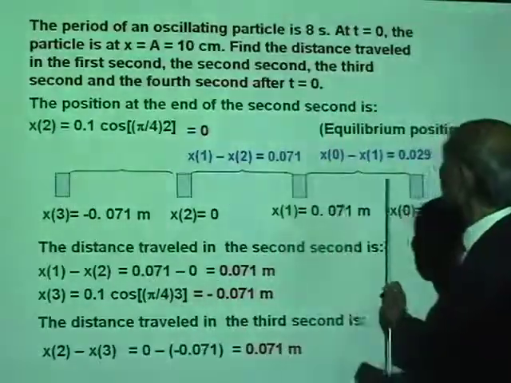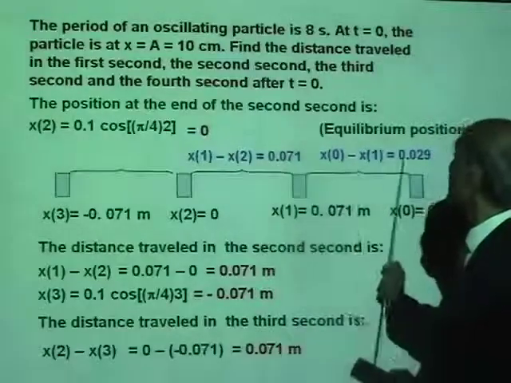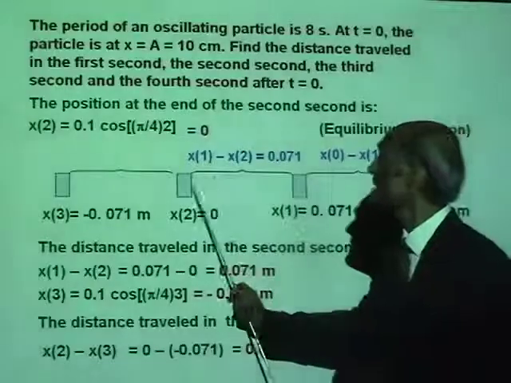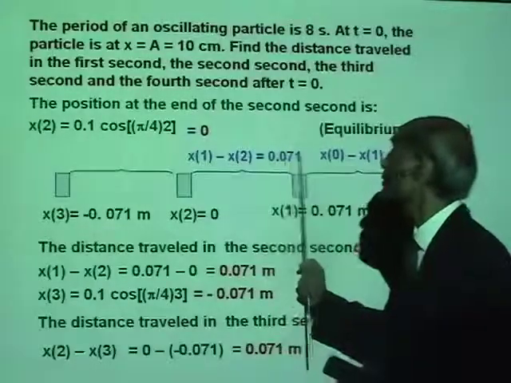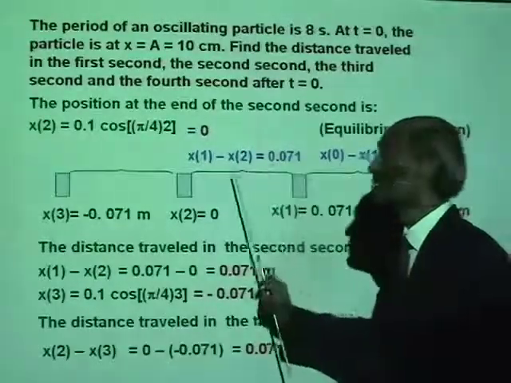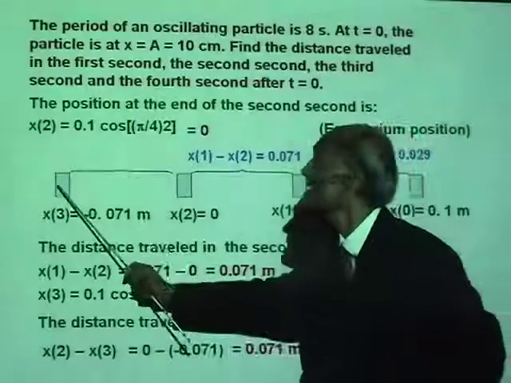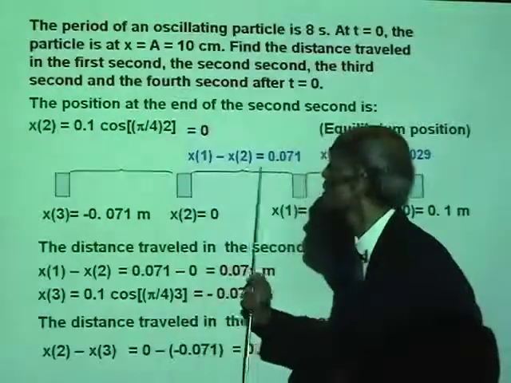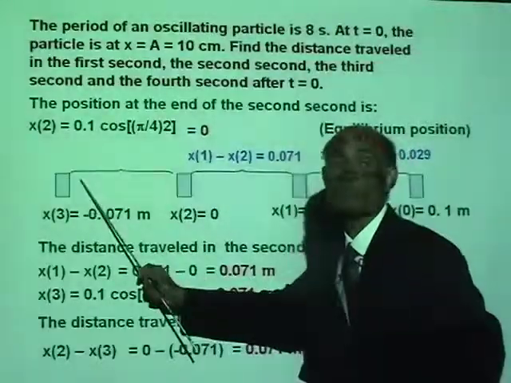The distance traveled in the first second is 0.029 meter. Distance traveled in the second second is 0.071 meter. Distance traveled in the third second is 0.071 meter. You see, these two distances are the same.